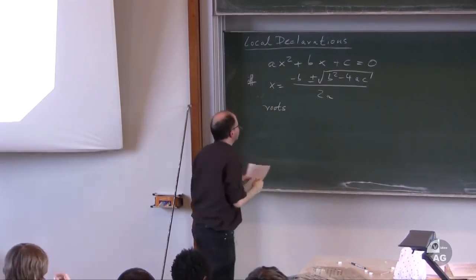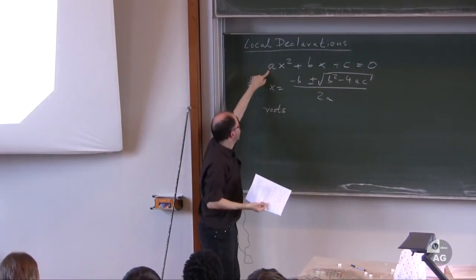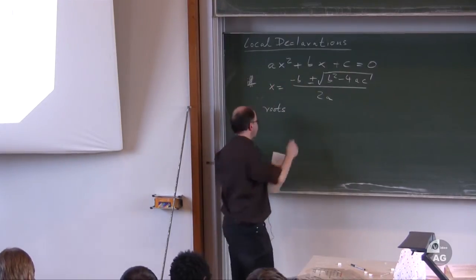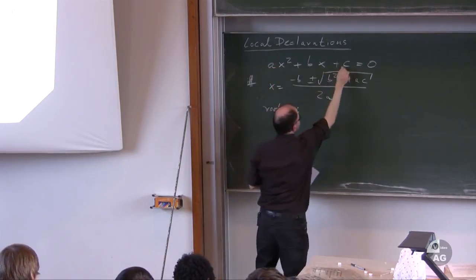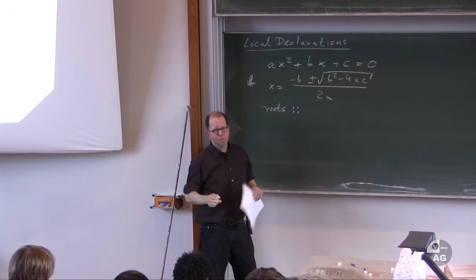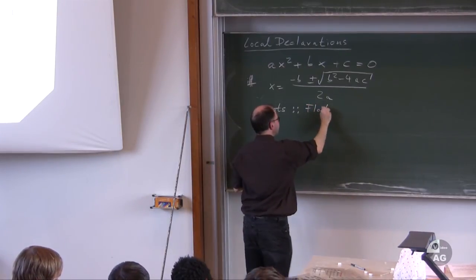I call this roots because it has to compute the roots of this polynomial, so those values for x where this polynomial becomes 0. So roots takes as input the value of a, the value of b, and the value of c. And as a result, it gives me the possibly two roots of this polynomial. Let's say these are all floats.